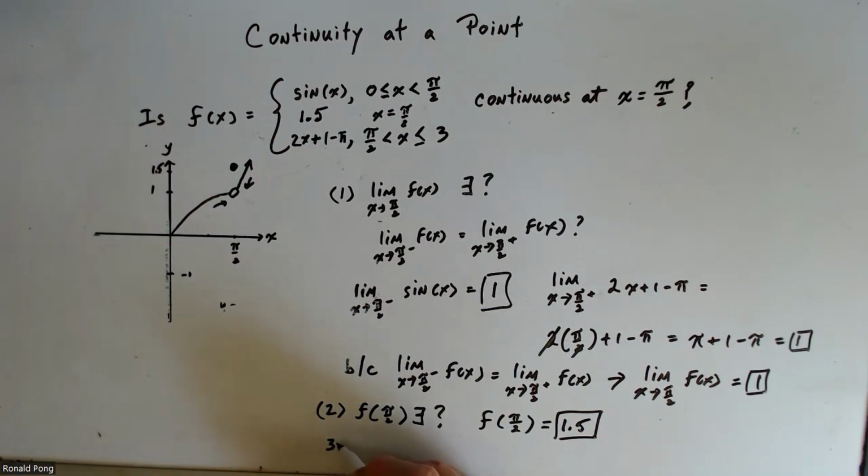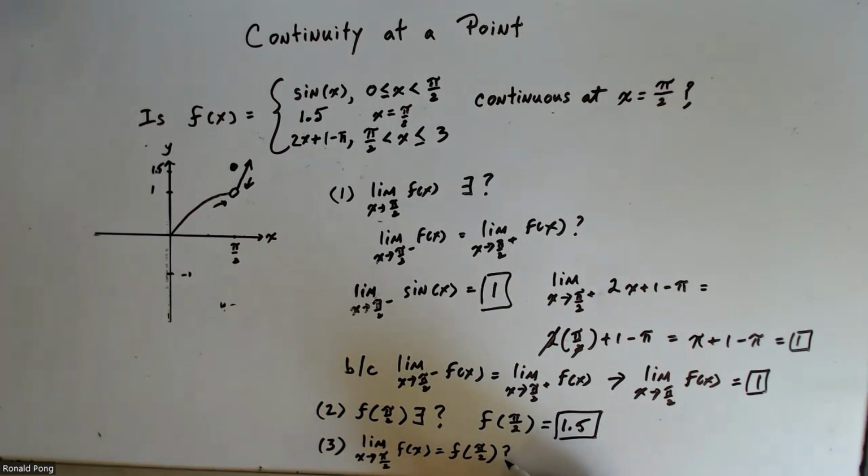That leaves the third criterion, and usually math authors will often only ask the third point. Does the limit as x approaches pi over 2 overall of this function, f of x, equal the point f of pi over 2?